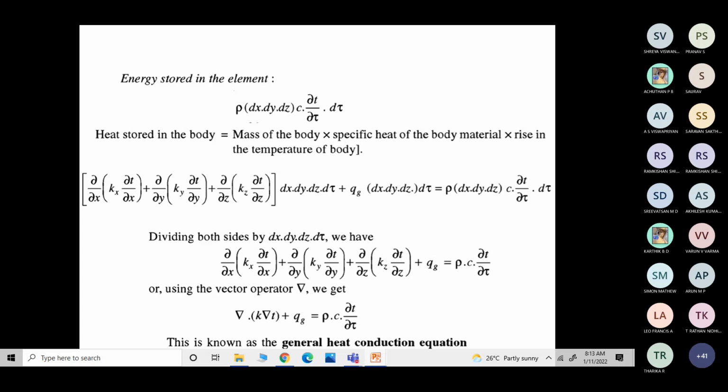Am I correct? Density equal to mass by volume, m by v. Rho equal to m by v, or m equal to rho into v. So rho is nothing but the density here, and dx, dy, and dz is nothing but the volume here.